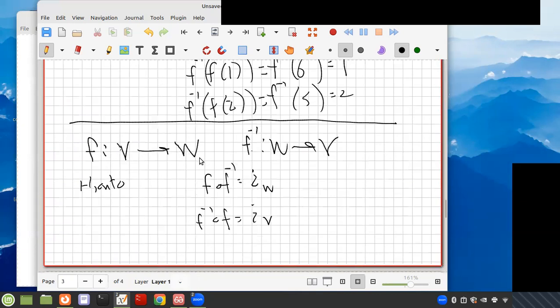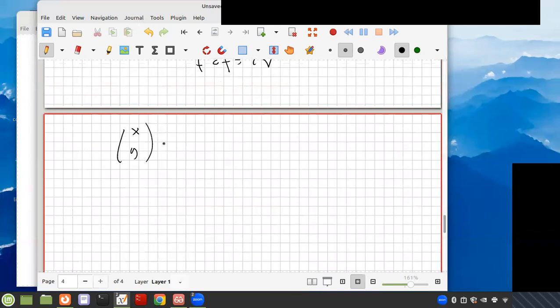So this can't be 2-dimensional to 3-dimensional, or 3-dimensional to 2-dimensional. They have to be 2-to-2 or 3-to-3. So if I want an isomorphism here, this is going to have to be F taking X, Y to X plus Y, X minus Y. There's a linear map. So now we could check that it's 1-to-1 and onto.